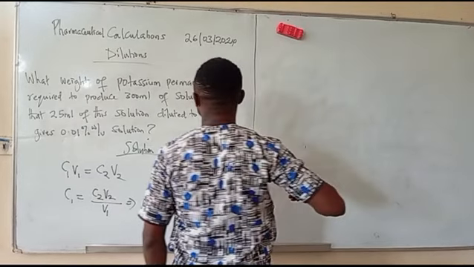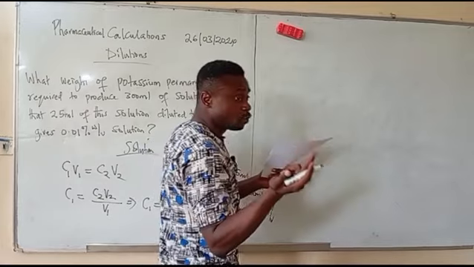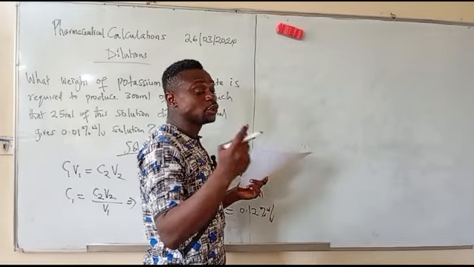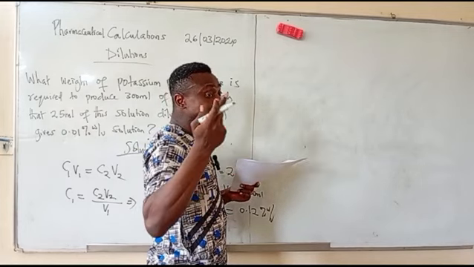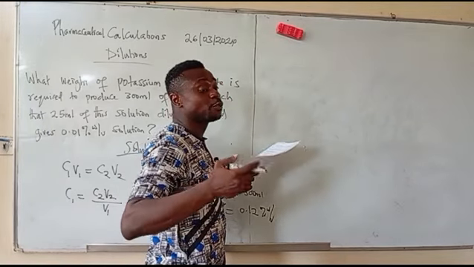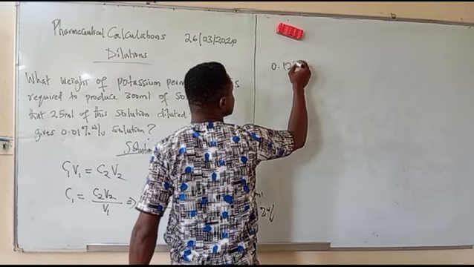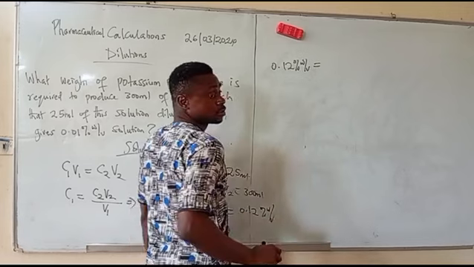So what it means is that if the 300 ml has a concentration of 0.12% weight in volume, then 100 ml of that solution contains 0.12 gram of potassium permanganate. That's what it means.